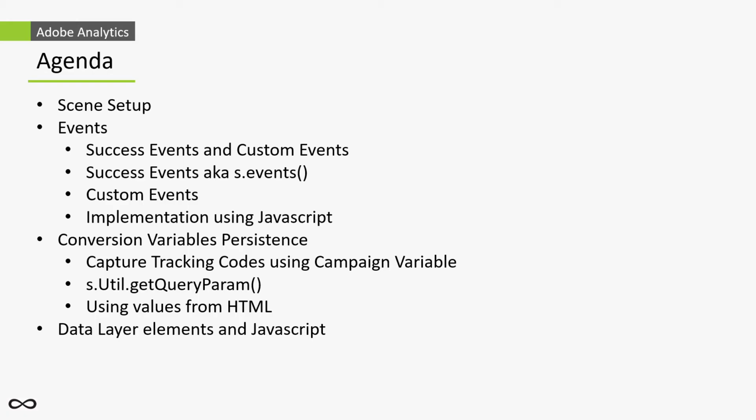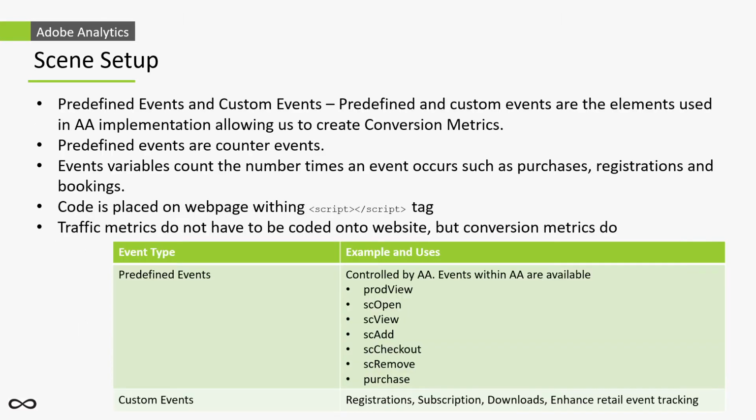Before that, I would like to set up the scene, making sure that we are aware of events, conversion variables, persistence, and also the data layer. We know that within Adobe Analytics there are multiple events, both predefined as well as custom.